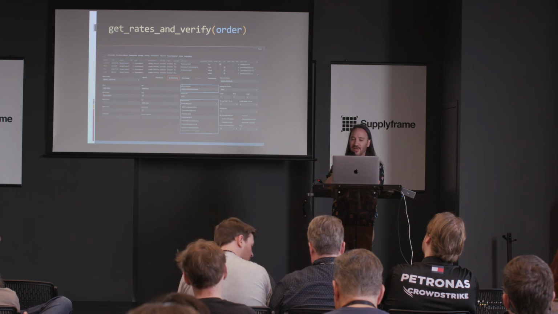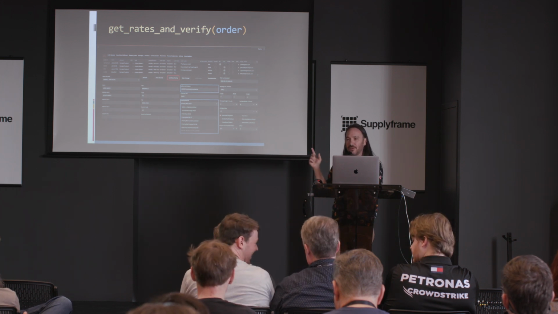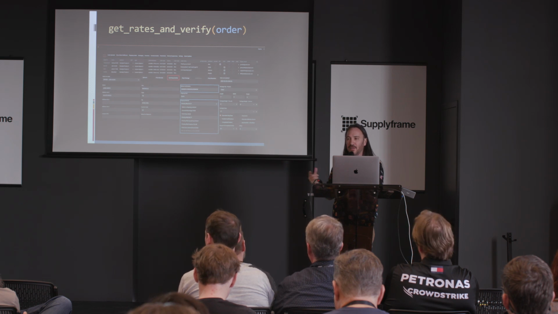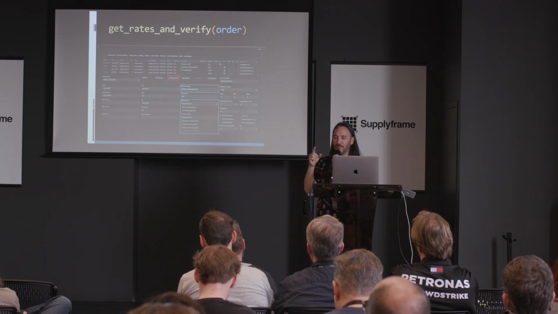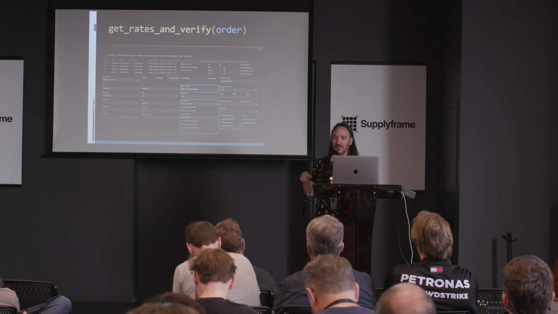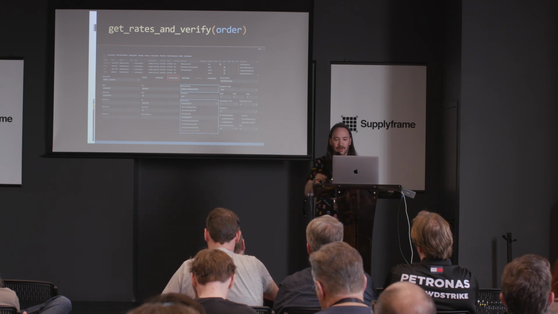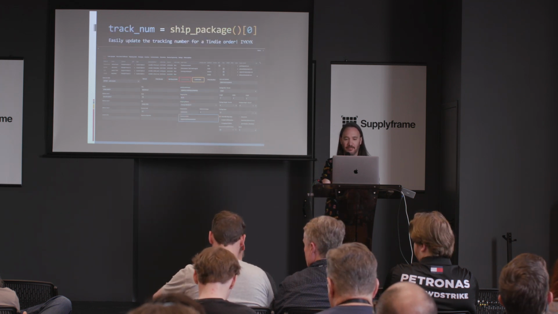So if they chose first class, it'll auto select first class, or if they checked priority mail, it'll automatically check priority mail. Part of the manual thing too is, if they choose priority mail, you have to remember when you're filling out that order information, oh yeah, this person wanted priority mail. It doesn't do it automatically.